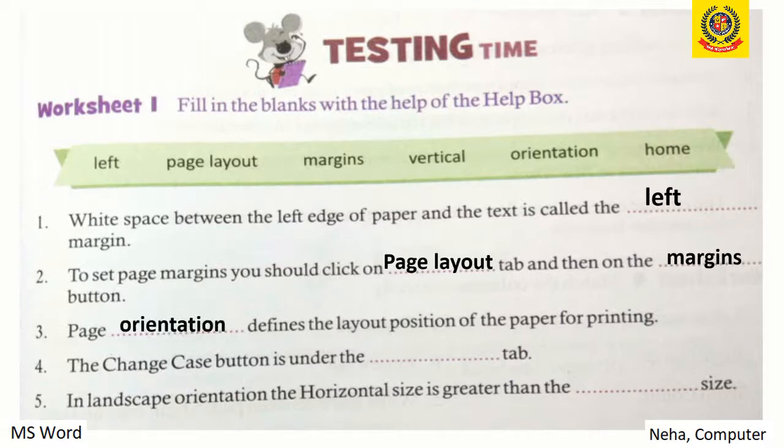Third, page orientation defines the layout position of the paper for printing. Fourth, the change case button is under the home tab. Fifth, in landscape orientation, the horizontal size is greater than the vertical size.